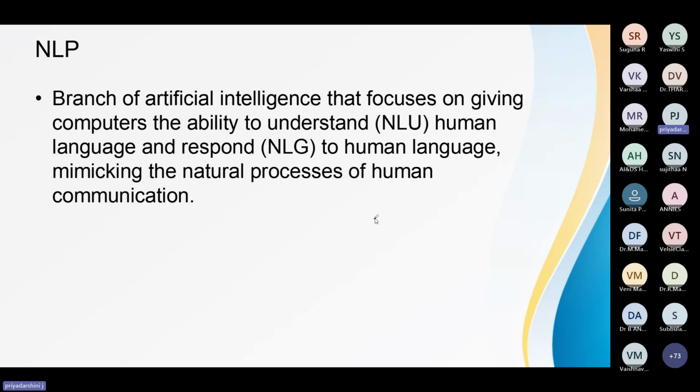The moment you scan, it gives you the literal meaning of the words, and if your net is really good, it keeps changing it grammatically. So NLP is nothing but the ability to understand the human language and also to respond to it in the language which we can understand.